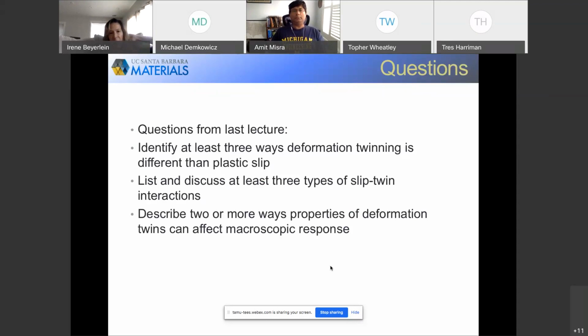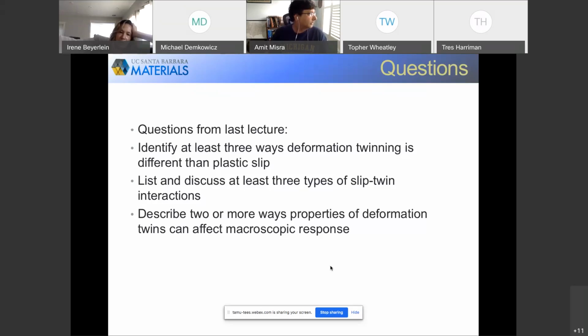So I'll just read them out for now, and then we can go back to the first set. Right now, this PowerPoint does not belong to the lecture I gave last Monday, but for questions on the last lecture, I can certainly bring up those slides. The 3 questions were to identify at least 3 ways deformation twinning is different from plastic slip.